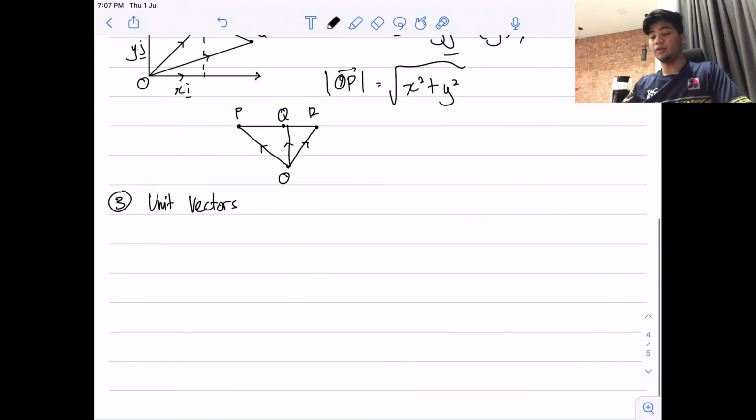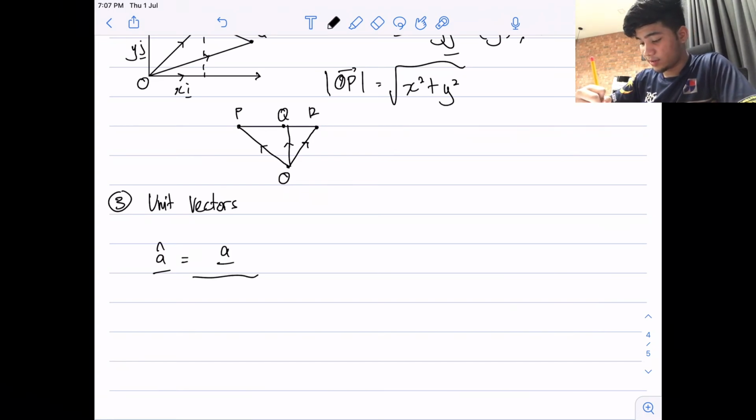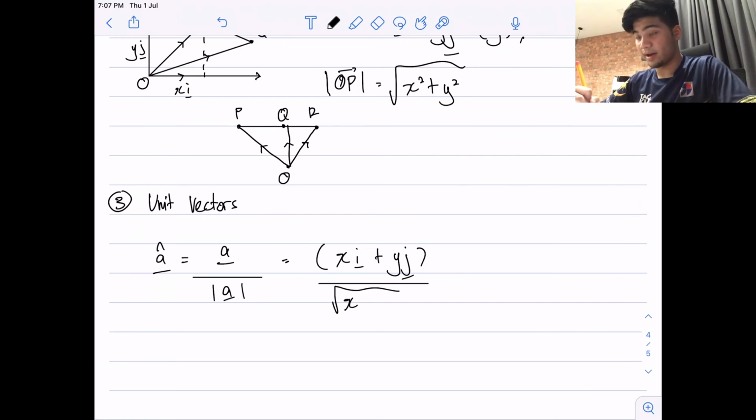And finally, unit vectors. This one's very, very straightforward. Basically, we write unit vectors by writing the vector with a little arrow at the top. You can also rewrite it as the vector A over the magnitude of vector A, which is equal to xi plus yj over the magnitude formula, root of x squared plus y squared.